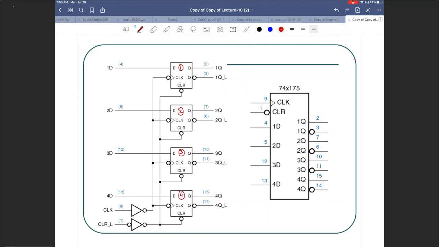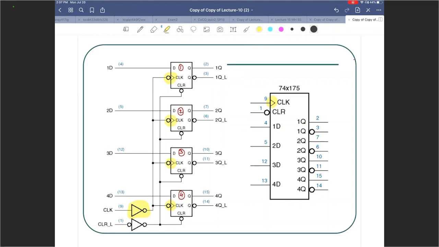The overall design is a positive edge triggered design. However, each D flip-flop is a negative edge triggered flip-flop. So if the overall design is positive edge, but individually negative edge triggered flip-flops are being used, you will need to invert the clock signal.